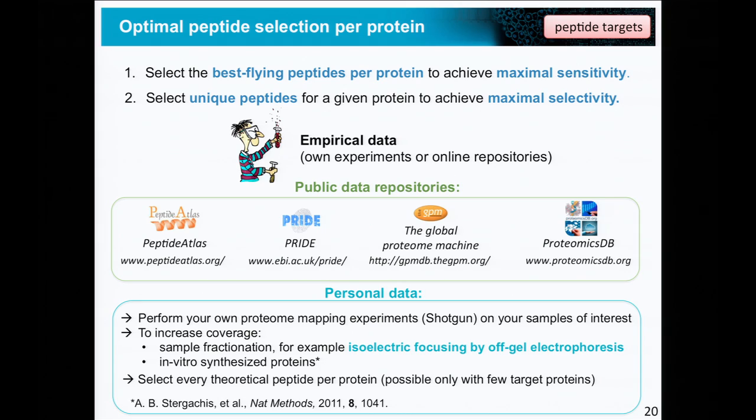If you want to increase the coverage of peptides for protein or measure even proteins that might not be identified in these initial shotgun survey scans, then what you can do is you can fractionate your samples of interest before you do the shotgun. So what we here in the Aebersold group do often is isoelectric focusing by off-gel electrophoresis, but you can also do any other type of peptide fractionation.